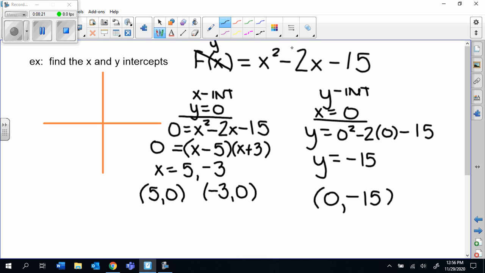So if I wanted to find the vertex here, I would need to go through that process of completing the square. If you were asked to graph this and illustrate where the intercepts were on the graph, I would set it up to complete the square.